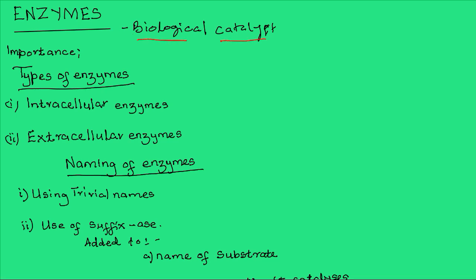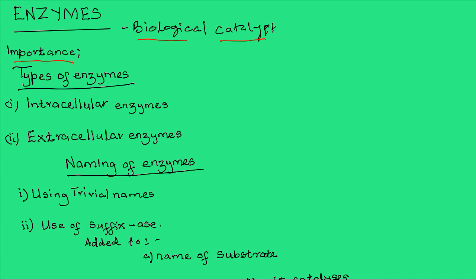Now, enzymes are very important in that they speed up. So look at the importance of the enzymes. They speed up biochemical reactions in cells that would otherwise be too slow, or reactions that would not take place at all.